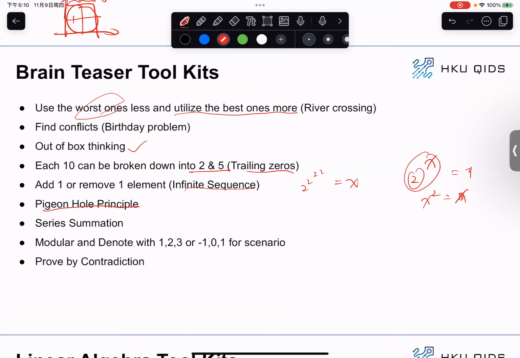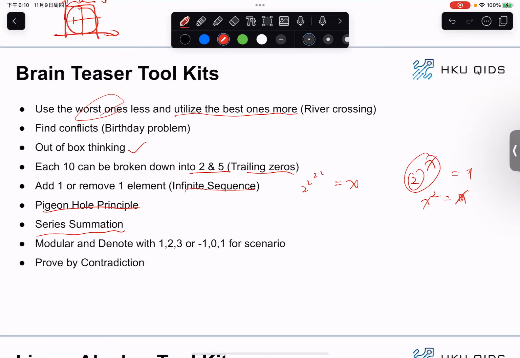And also, if you are coming from a mainland system, I think you will be familiar with series summation. If you are not, it would be better to revise that. You need to have a good understanding of both a_n equals a_{n-1} plus something, plus c, or a_n equals b multiplied by a_{n-1}, these two basic types. And also, if you are from a computer science background, this may not be a problem, but it's better for you to get familiar with modular arithmetic and notation.